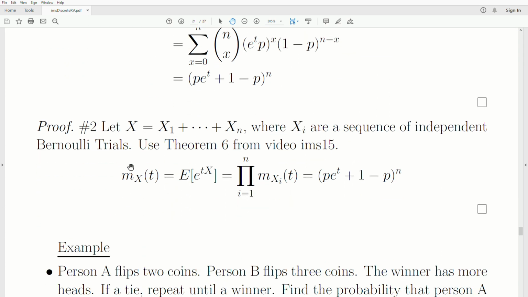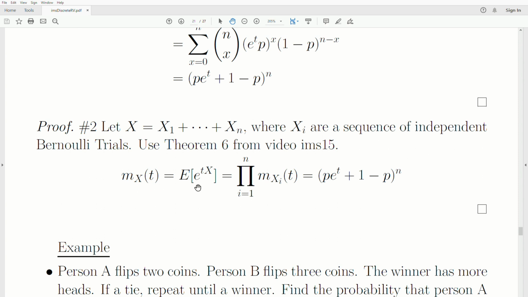Now, a second example of a proof: let X equal X1 to Xn, where the Xi are a sequence of independent Bernoulli trials. We're going to use Theorem 6 from video IMS19, the 15th video in the playlist Introduction to Mathematical Statistics, which ends up being the moment generating function video.